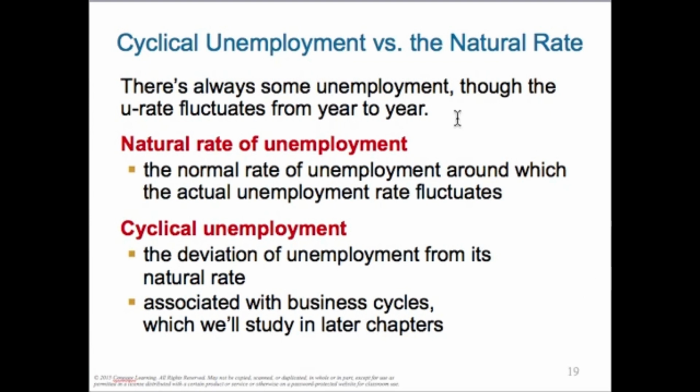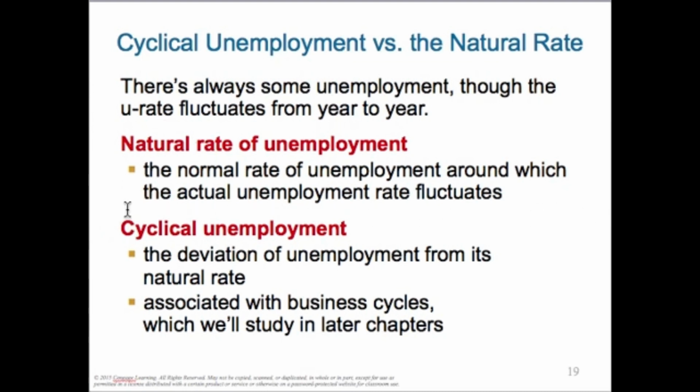So imagine a graph that had an axis right here that would be the percent of people unemployed, and an axis running across horizontally would be time. You would see a curve of unemployment that did just like my cursor is doing here, up and down, up and down. The natural rate of unemployment would be people that are just coming and going, transitioning in and out of the labor force. It would be pretty flat.